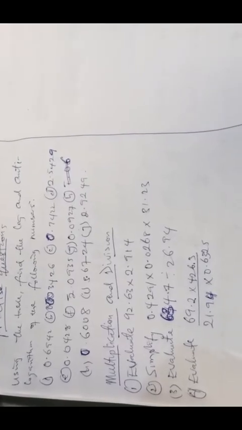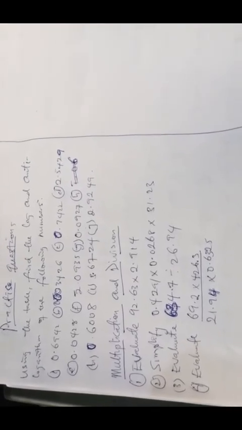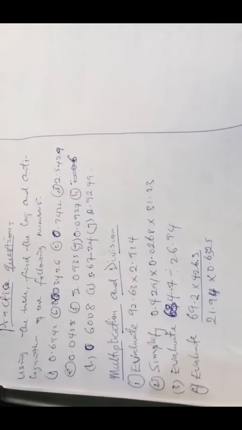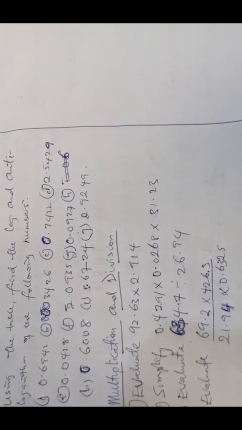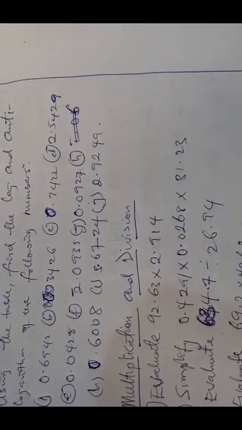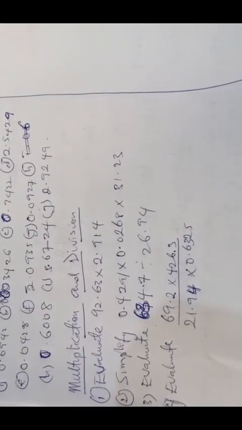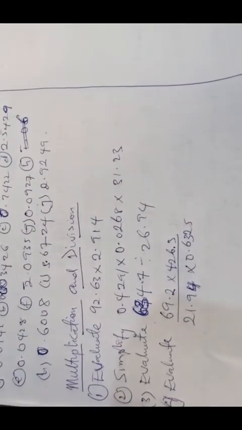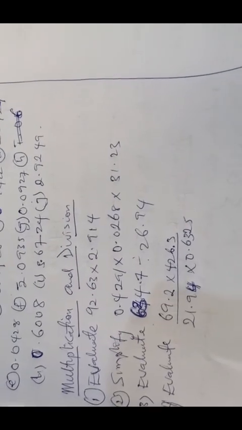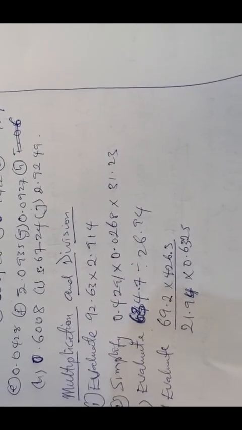Using the table, find the log and antilogarithm of the following numbers from A to J. In the next class, we will be treating multiplication and division, and we will be solving the questions that you can see here.